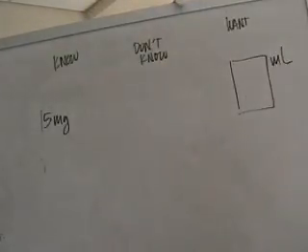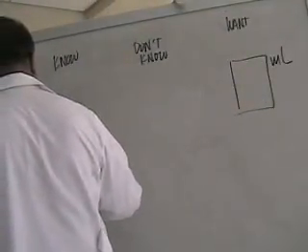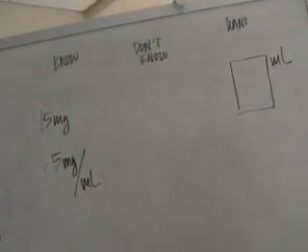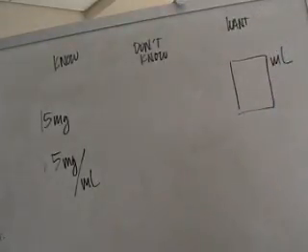Remember, I need to get this injection in. Now, if I look at the label, it reads 5 milligrams per mL. So I know that too. I just changed it from 12.5 to 15 so that the math will be easy. So in the book it says 12.5, but I put it to 15 so the math will be more straightforward.